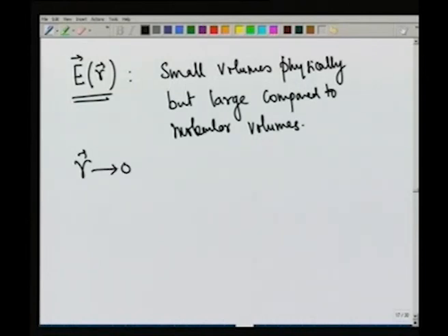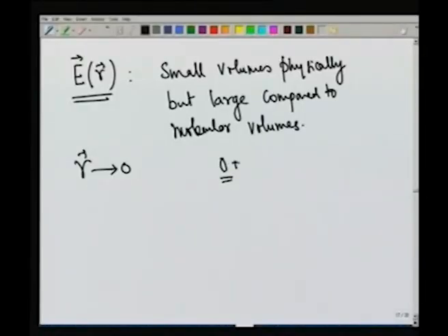When I am taking the limit R going to 0, you should understand that I make no distinction between the mathematical 0 plus or minus epsilon, which corresponds to molecular dimensions. So, we should learn to distinguish between an infinitesimal mathematical volume and an infinitesimal physical volume. If you remember this, then electrostatics is not a difficult thing for us to understand, to reconcile with whatever we know from the fundamental Maxwell's equations, and that we shall continue in the next lecture.